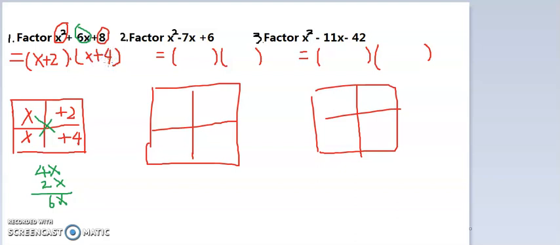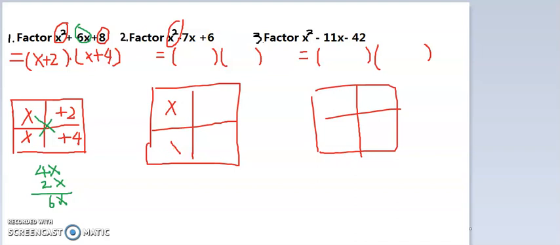Okay, so now let's do the same thing for the second question. Look at the first term, x squared. We break it down as x times x, the only one way. And for 6, there are two ways. It could be 1 times 6, or it could be 2 times 3.